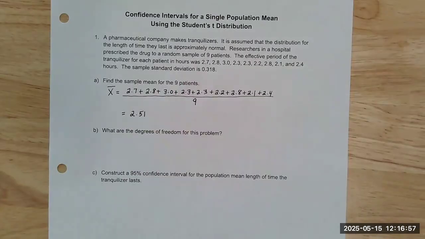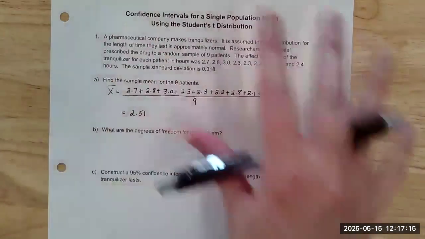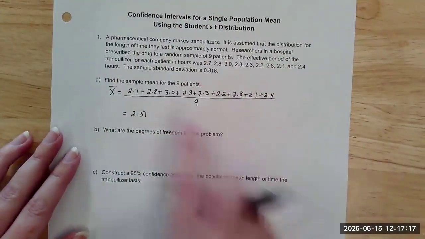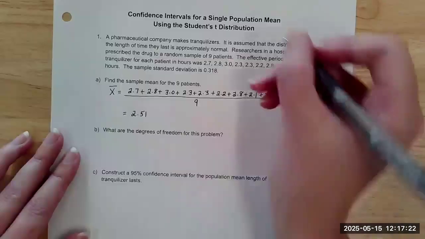Okay. So we started by finding the sample mean, and one of the reasons we started by finding the sample mean is that if what we're ultimately going to be looking for is a 95% confidence interval, the very first thing in the confidence interval formula is the sample mean. So we have to have that. In the list of things that we were given in this problem, we were given that we have 9 patients.